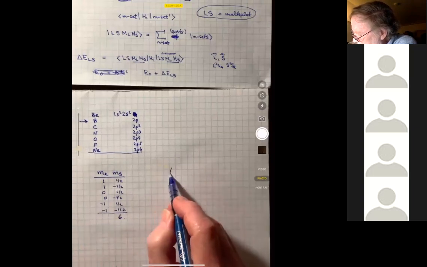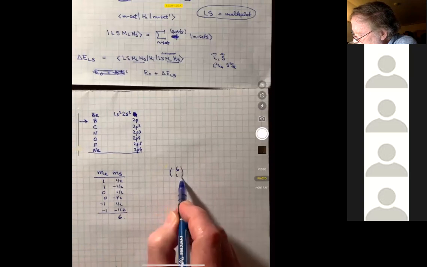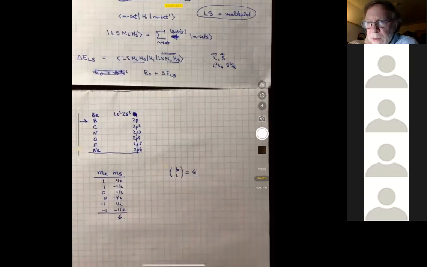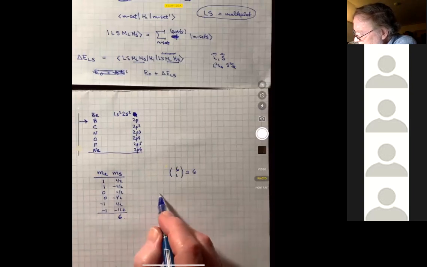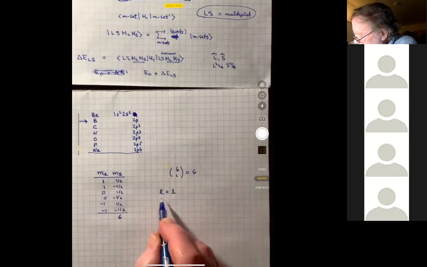And you may notice that's the same thing as the binomial coefficient 6 choose 1. The number of ways of putting one object in 6 slots. And these are the angular momentum and spin quantum numbers of the electrons. Now, the L quantum numbers of the electrons are all equal to 1 because it's all a p subshell.